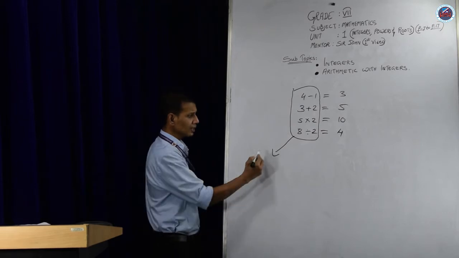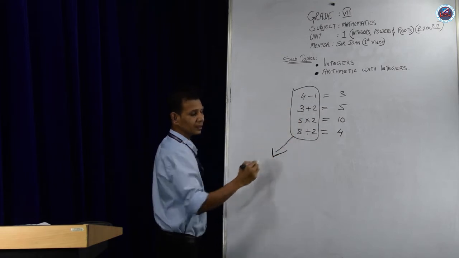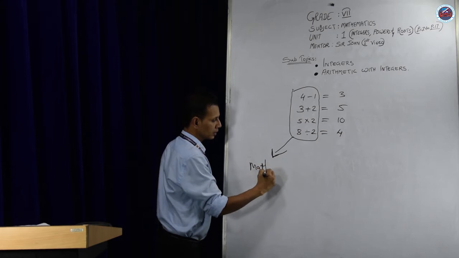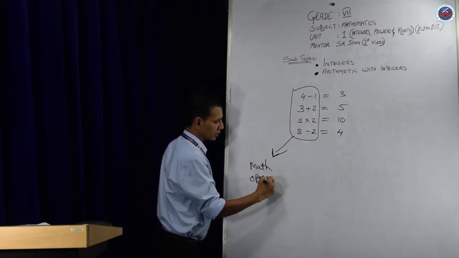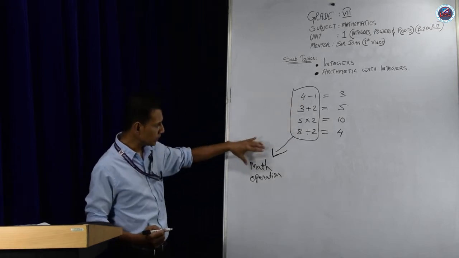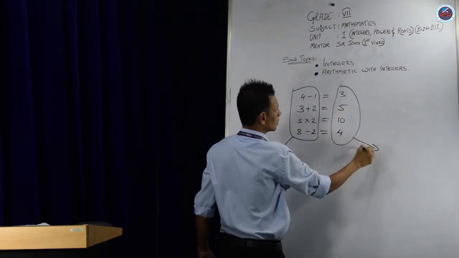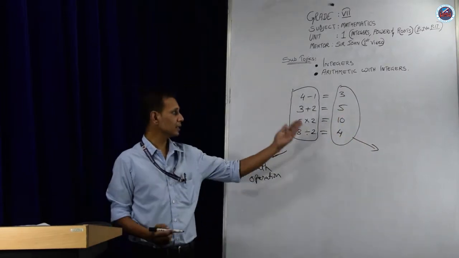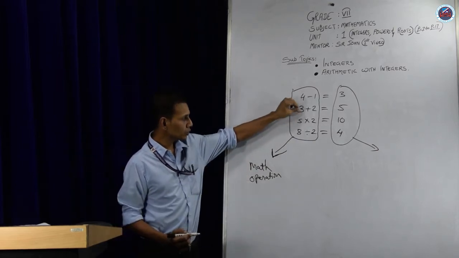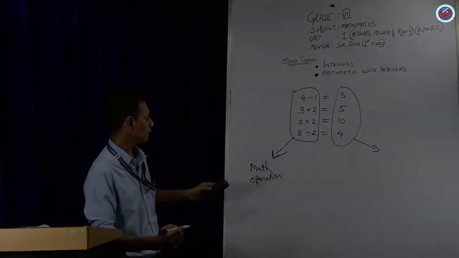That is the math operation. And this side shows the answer once the operation has been done. Now you understand what math operations are: something to do with the numbers.